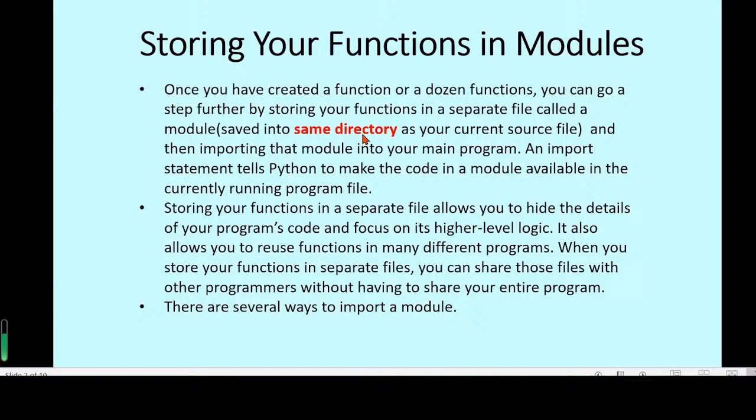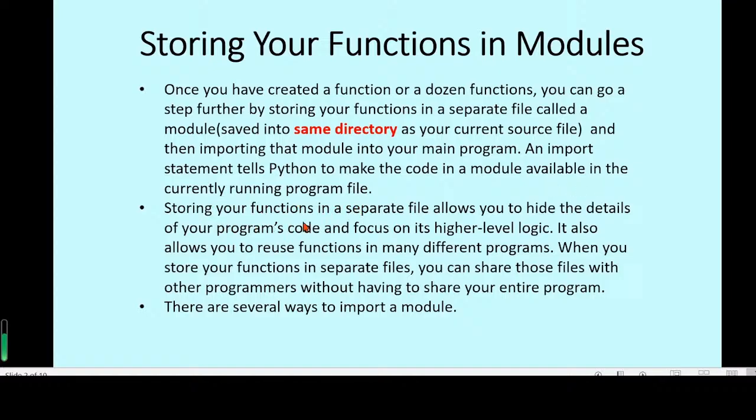Once you have created a function or a dozen functions, you can go a step further by storing your functions in a separate file called a module, saved in the same directory as your current source file, and then importing that module into your main program. An import statement tells Python to make the code in your module available in the currently running program file.